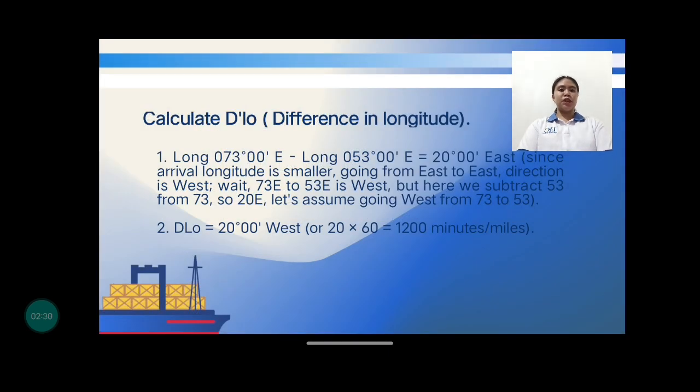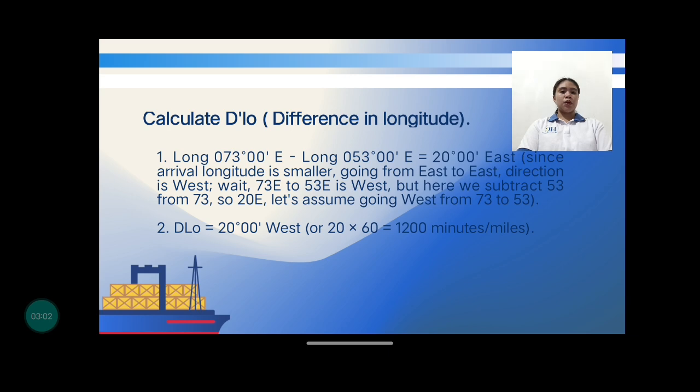So next, we need to calculate the DLO, which is the difference in longitude. So longitude 073 degrees 00 minutes minus longitude 053 degrees 00 minutes equals 20 degrees 00 minutes. So since the arrival longitude is smaller, going from east to east, the direction is west.